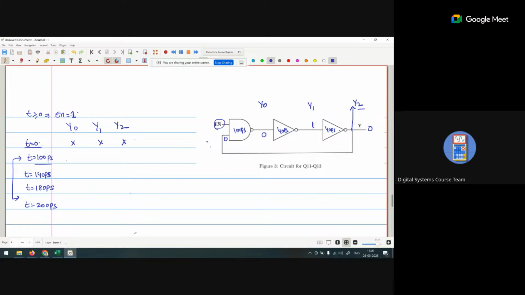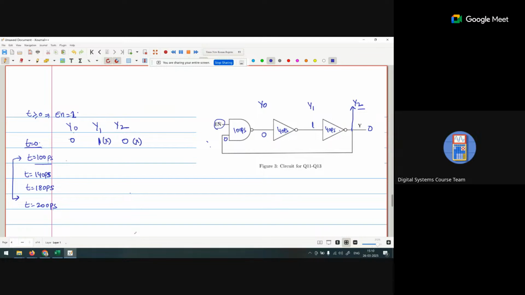Let's assume that initially y2 is 0, y1 is 1, and y0 is 0, at t equal to 0. Now this one is invalid, so I just mark it as invalid.